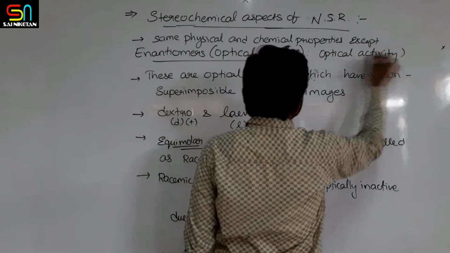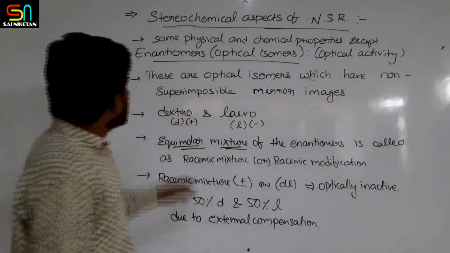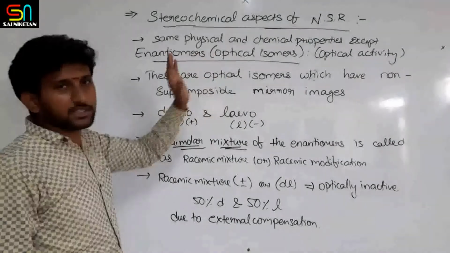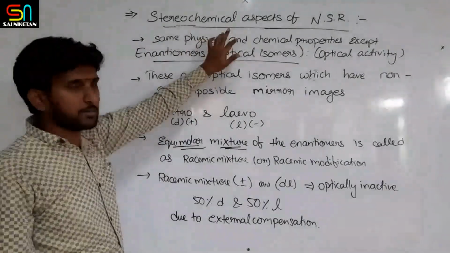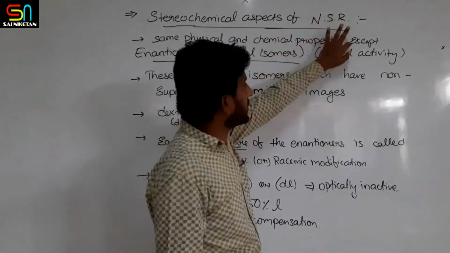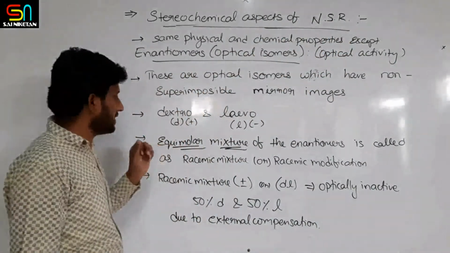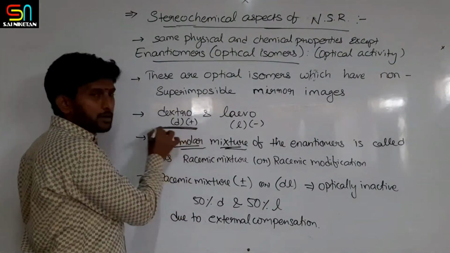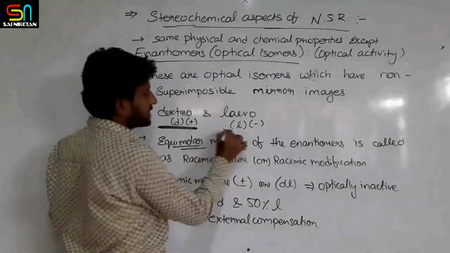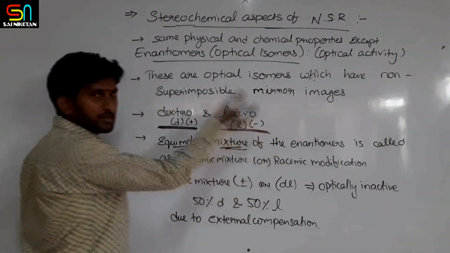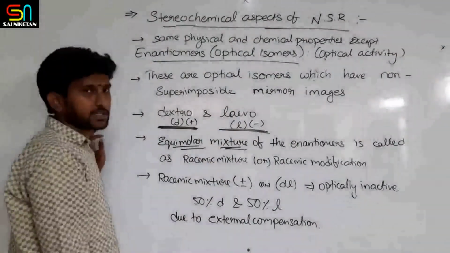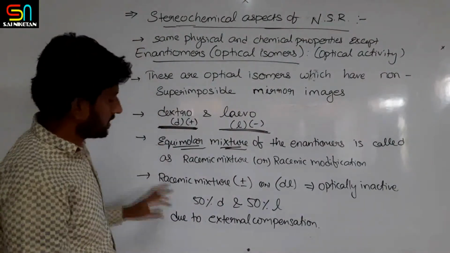Because in enantiomers the molecular formulas are the same. Their physical properties, melting point, boiling point, everything is the same. Their chemical reactions are the same, except their optical activity. One will show plus optical activity, that is clockwise rotation of plane polarized light. The other enantiomer will have reverse rotation, that is left-handed or anti-clockwise rotation of plane polarized light. That is about the enantiomers.